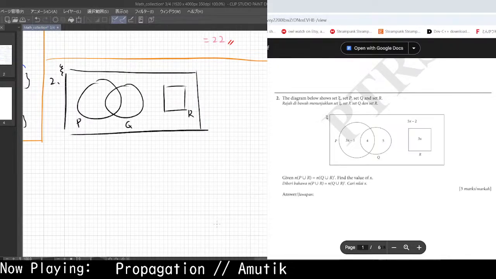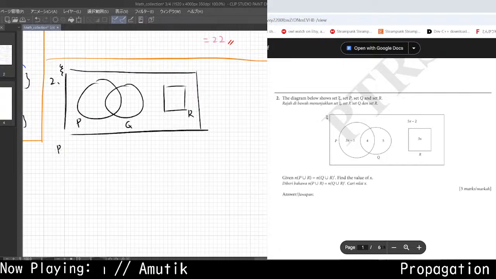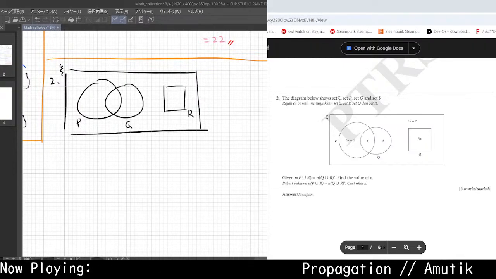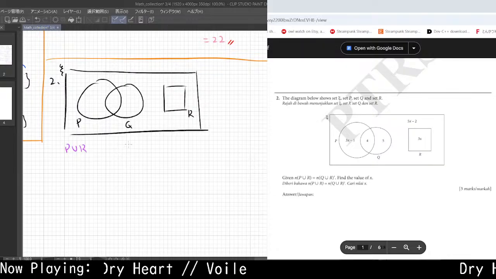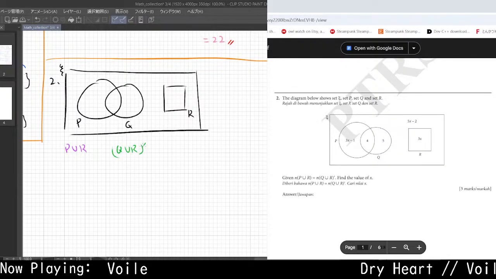Okay. So we want to know P union R. Okay, so what does it give us? It gives us that the number of things inside P union R is equal to the number of things inside the set Q union R prime.